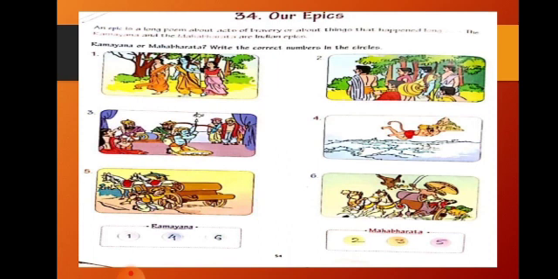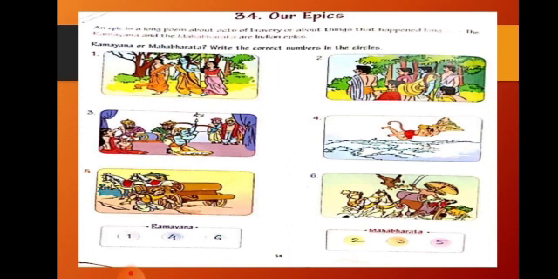Now fourth picture, you can find Hanuman, and in his hand a big mountain is there. He is crossing the river to save the life of Lakshmana. So the picture relates to Ramayana, and below Ramayana, in the second circle, write 4.